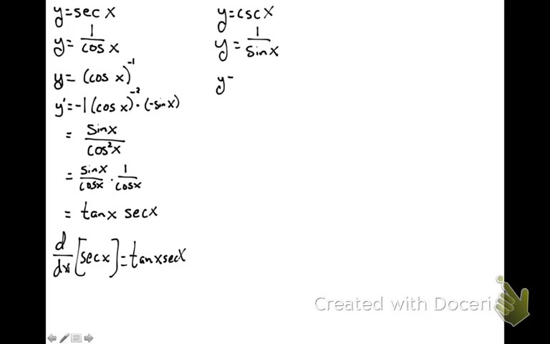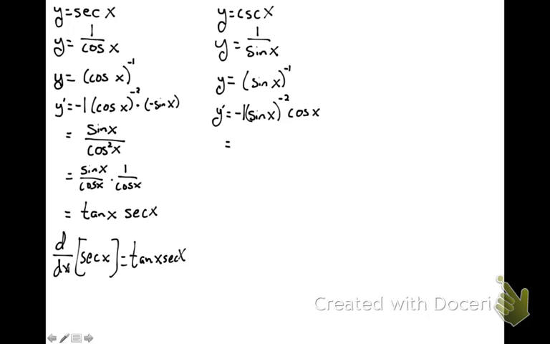I know that this is equivalent to the sine of x to the negative 1. So when I take the derivative by the chain rule, I get negative 1 times the sine of x to the negative 2 times the derivative of the inside, which is cosine x.